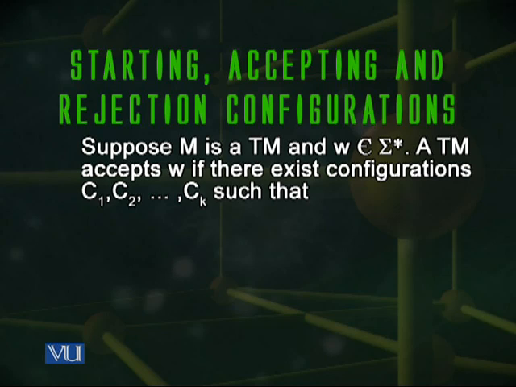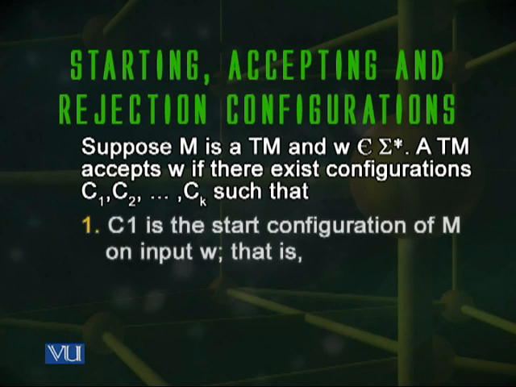We say that a Turing machine M accepts W if there exist configurations C1, C2 up to CK such that the following three conditions hold. C1 should be the start configuration of this machine M on W. That is, C1 has to be equal to Q0, W, where Q0 is the start state.